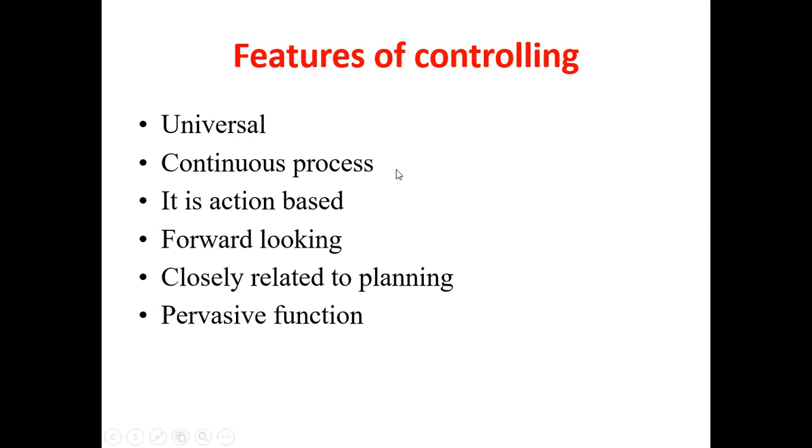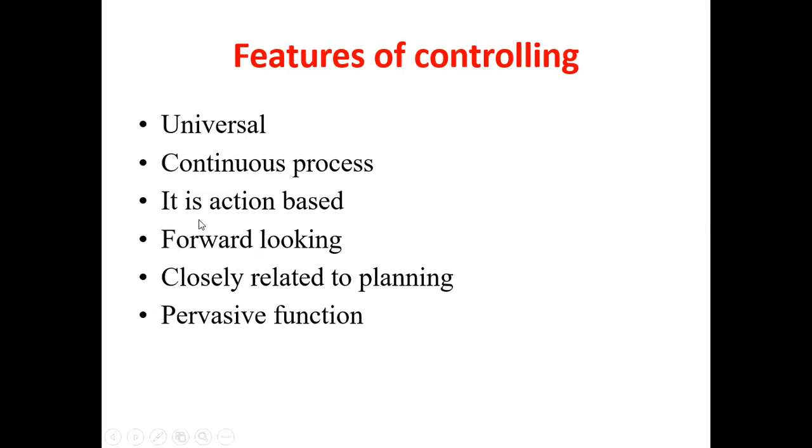Controlling is a never-ending activity on the part of managers. It is a non-stop process. The manager watches the operations of the management to see whether they are going towards the desired end. This is called the continuous process of controlling.